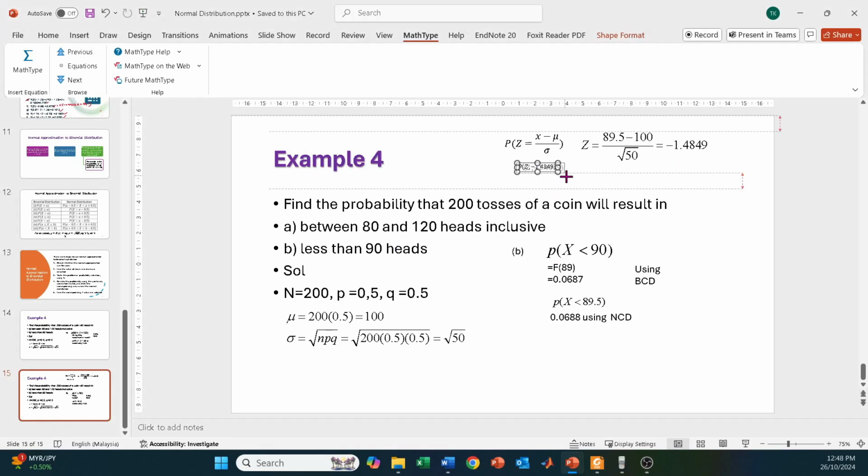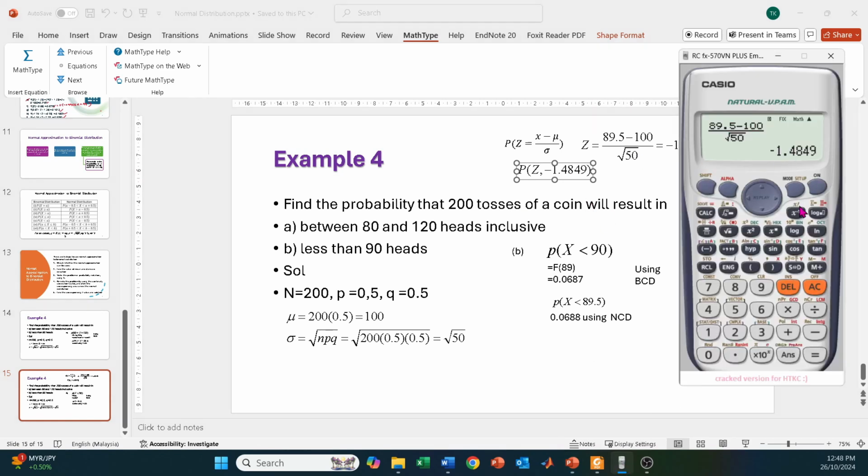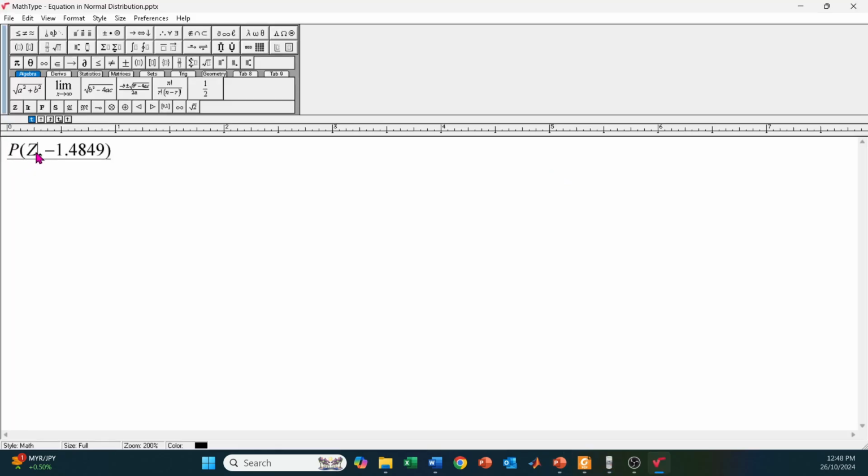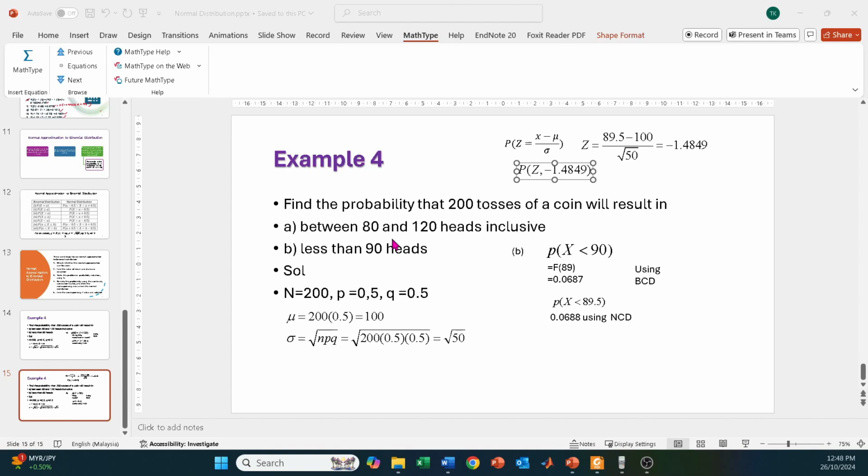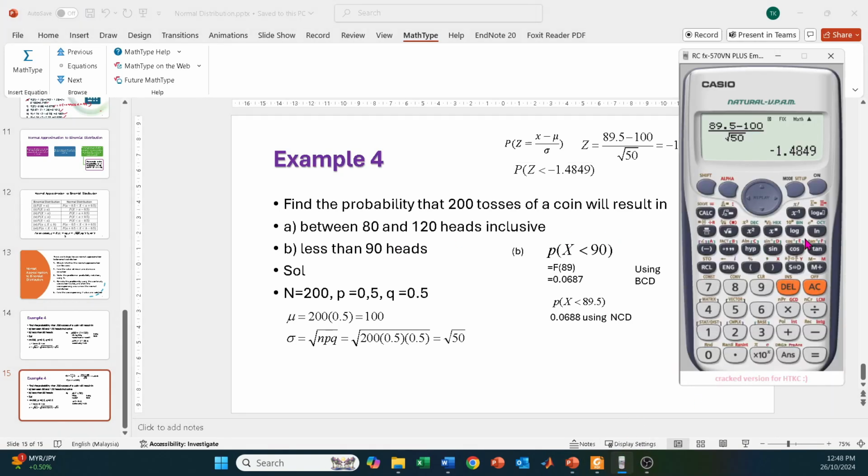Then you can use the normal CD. Since this is less than, go back to the distributions menu: Binomial, normal CD.